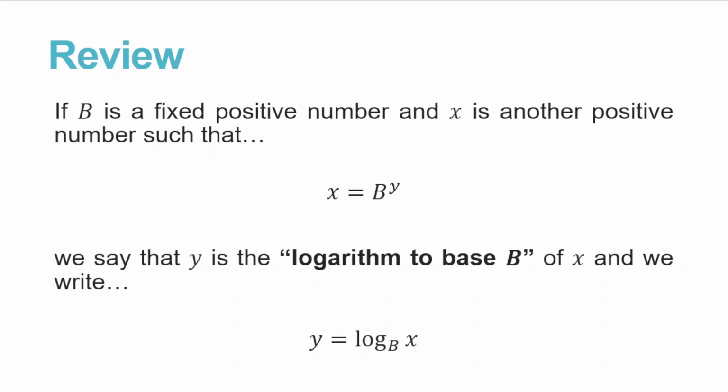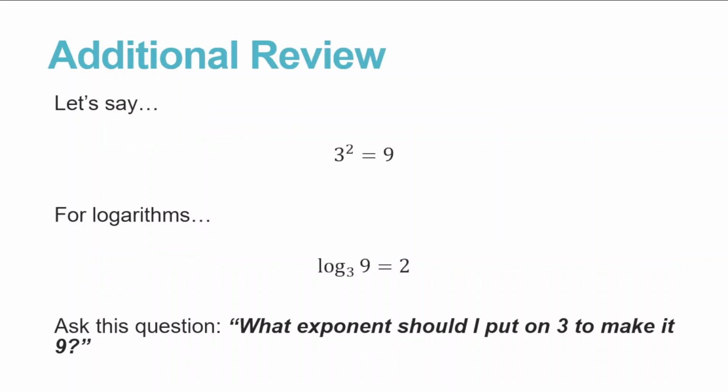To further understand this, let's have an additional review that I didn't cover on the last topic. For example, we have 3 squared is equal to 9. Let's say 2 is not given. What exponent will you give 3 to make it 9? If you look for that, you get log base 3 of 9 is equal to 2.